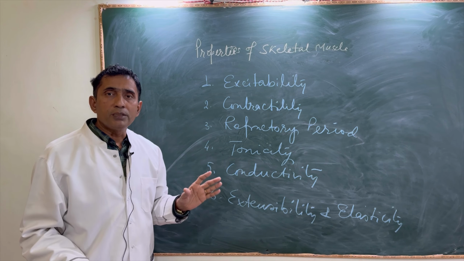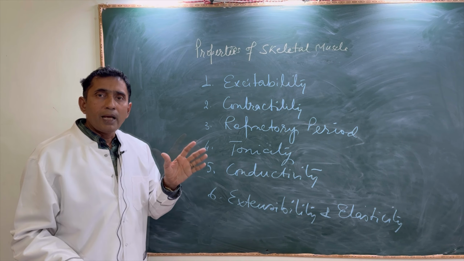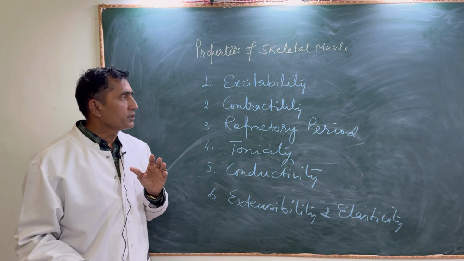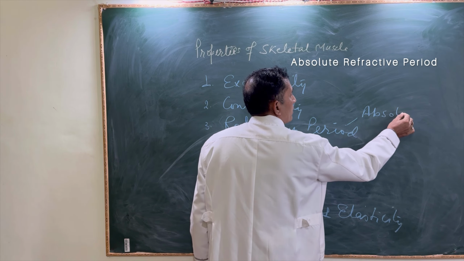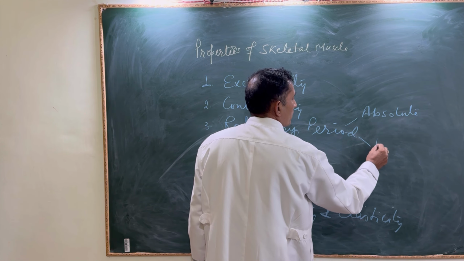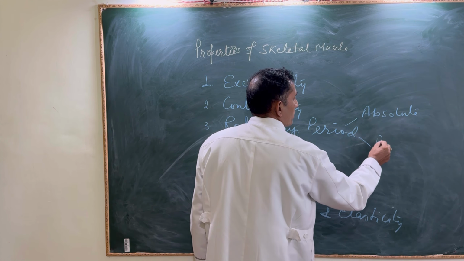Then refractory period. It has different refractory periods. One is absolute refractory period, and another is relative refractory period. Then tonicity. If we stimulate the muscle, it can show different types of tone.